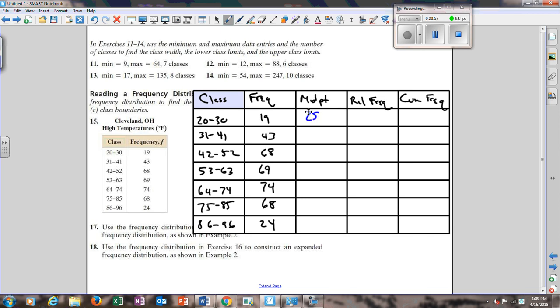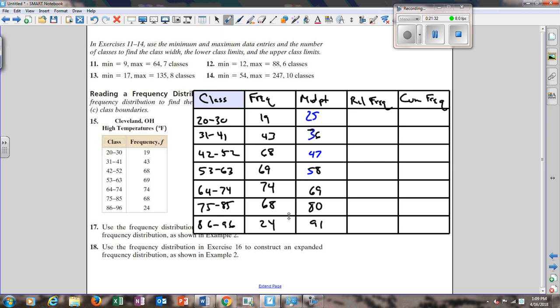That was 25. And then 36. 47, 58, 69, 80, and then 91.